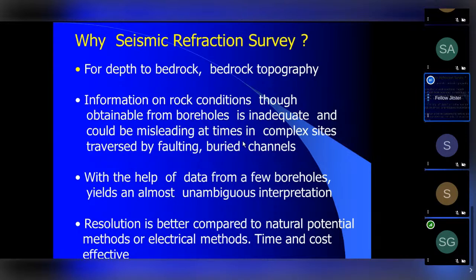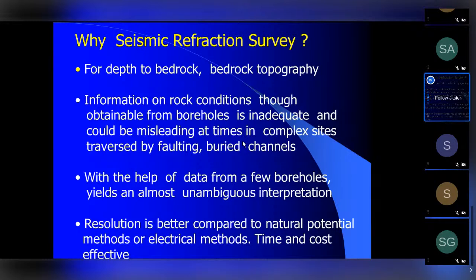We do magnetic survey to find out the thickness of sediments where the basement rock is magnetic. So why do seismic refraction? Seismic refraction is used for depth to bedrock or bedrock topography. Bedrock means hard rock.